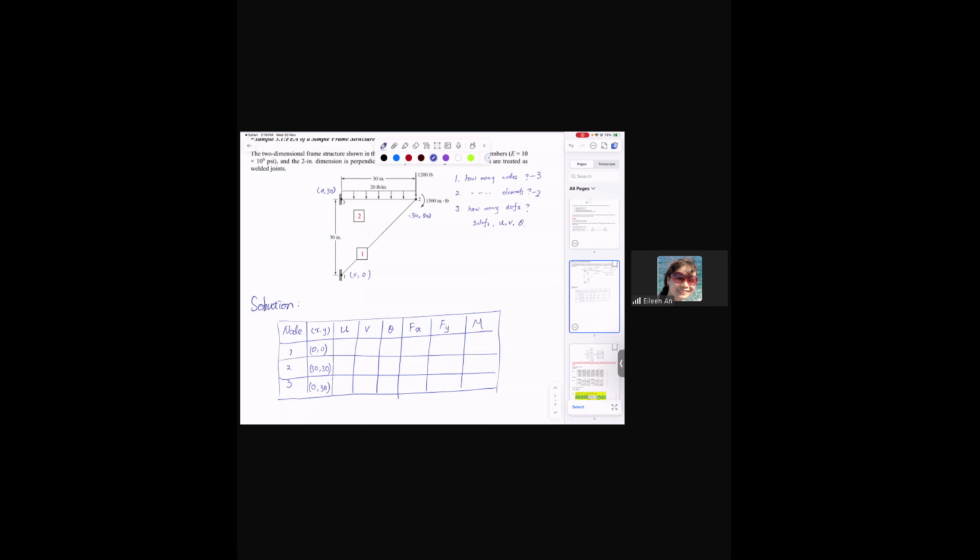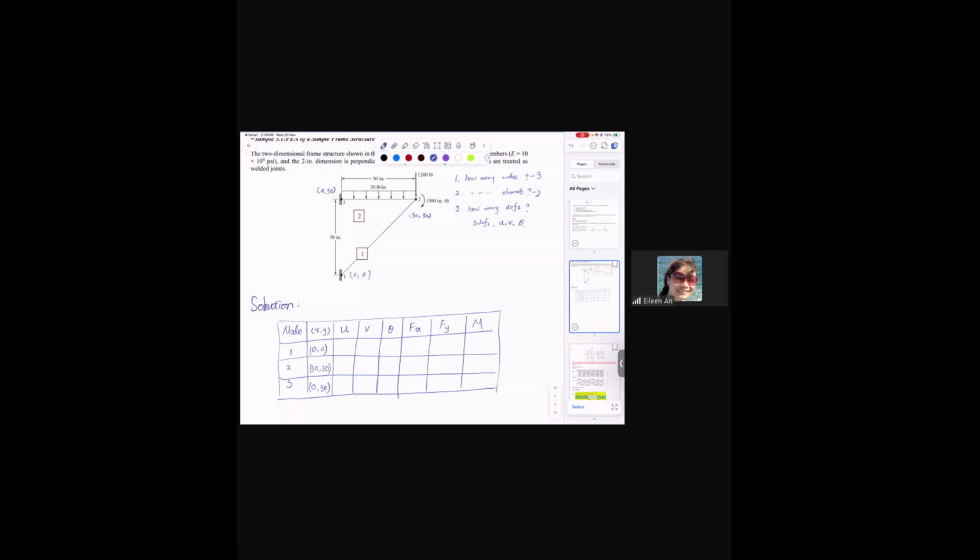This means it's 0 for all displacements, including the rotation. No, for the displacements for node 1 and 3. Yeah, because there's no rotation either. Okay, let's fix the support. So no displacement and no rotation.